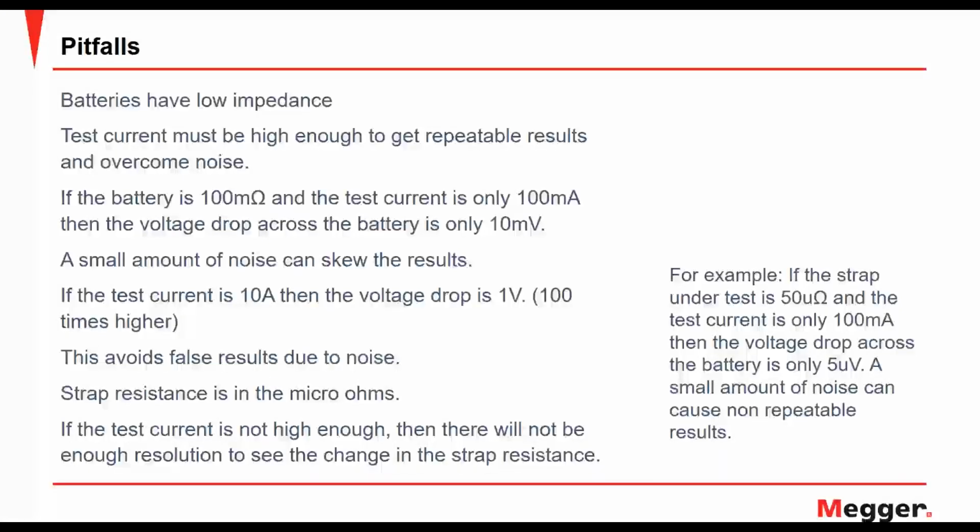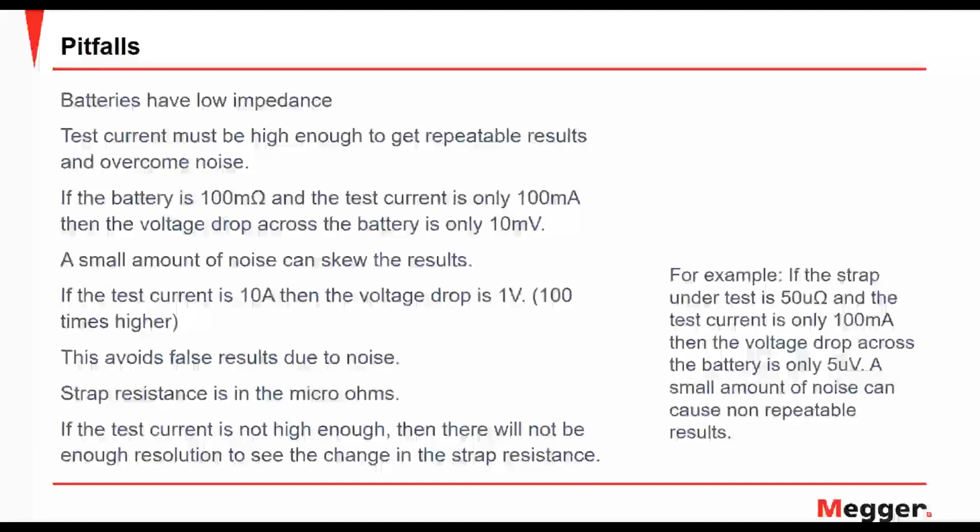It will be more susceptible to noise, and I will get a better resolution and accuracy in doing this measurement. Also watch the test current. If you are testing strap resistance or the connections, usually these connections are in micro ohms, so it's not really a good way to do it using a normal ohm meter or the ohm meter in your multimeter.